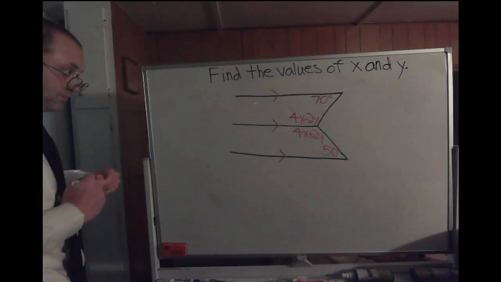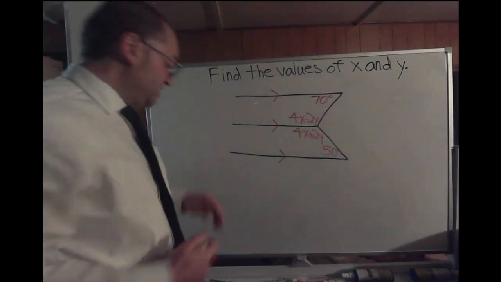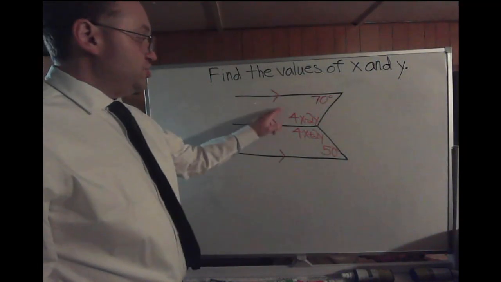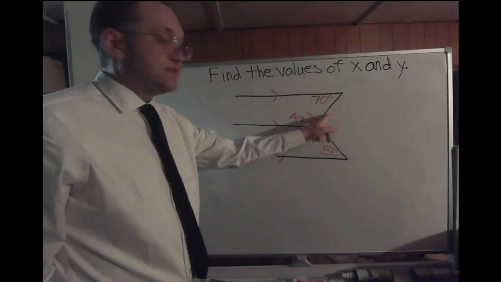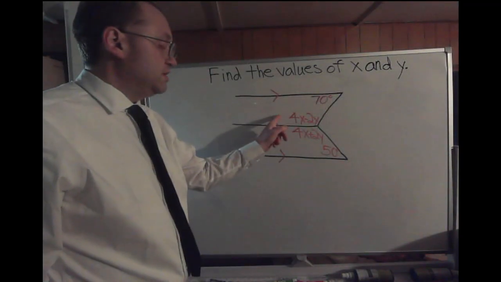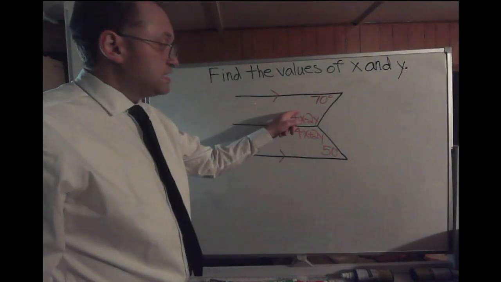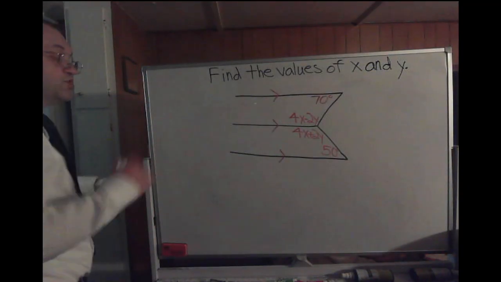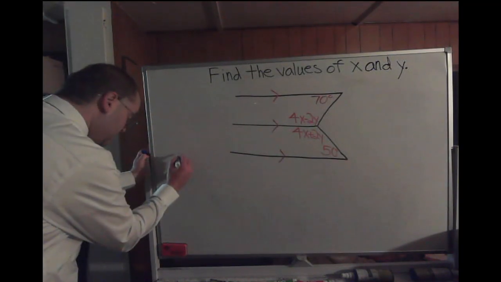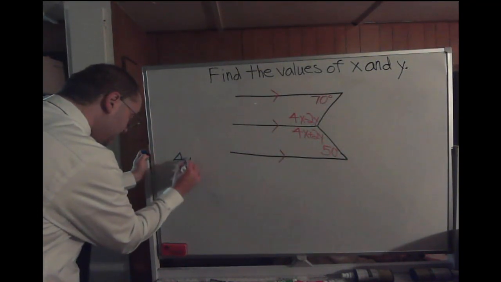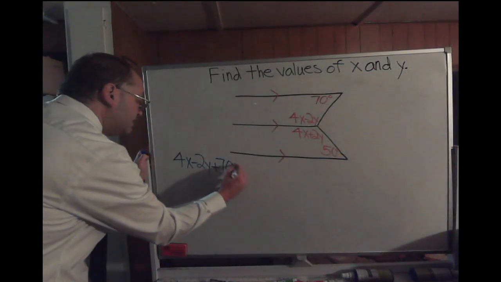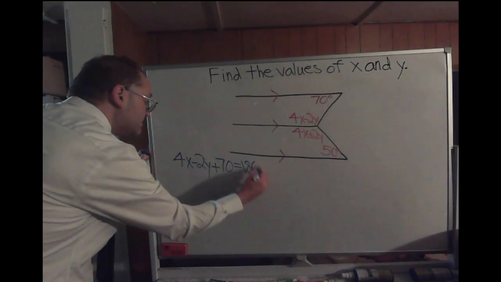So, again, let's start out with our geometry properties. We know we have two parallel lines. Here's the transversal for the first two parallel lines. 4x minus 2y and 70, they're same side interior angles, right? Which means they're supplementary. So we're going to take 4x minus 2y plus 70, you'll set that equal to 180 degrees.